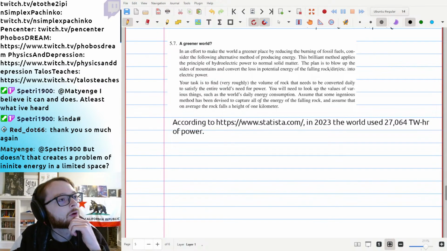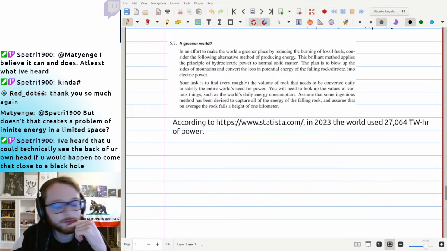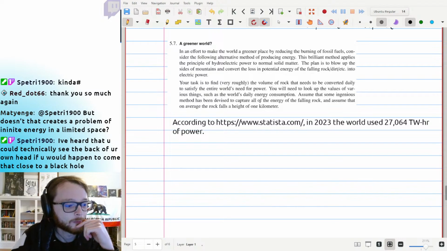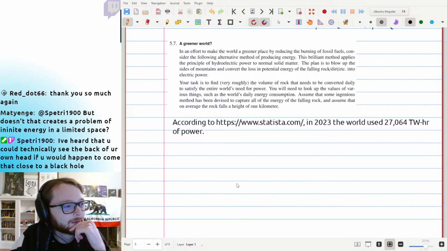I hope we can all agree that light is affected by the presence of a black hole because they have a bunch of gravity, and that affects light. But literally orbiting, I feel like there's no reason why not if there's a light ray at the perfect angle. You can technically see the back of your own head if you get close to a black hole. Wow.